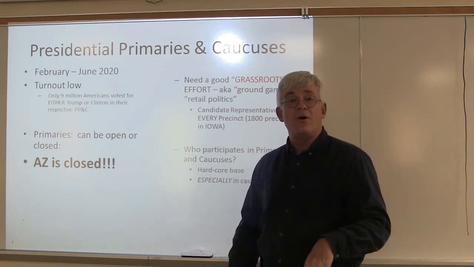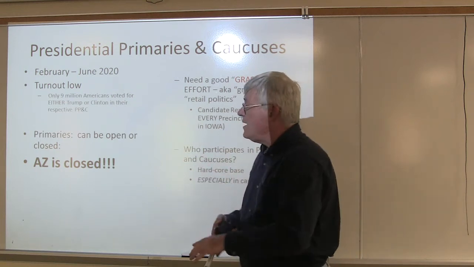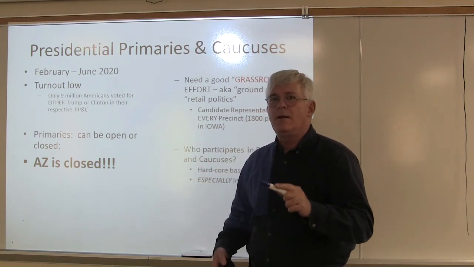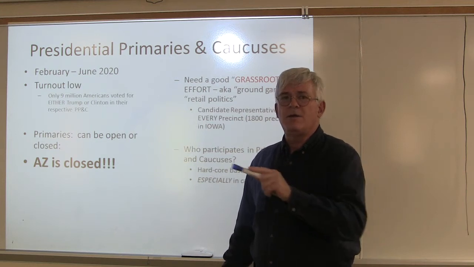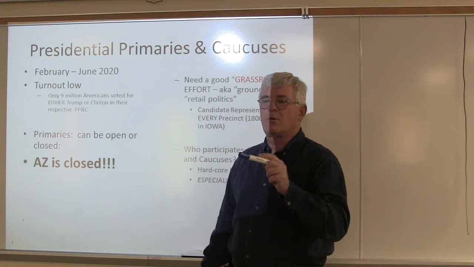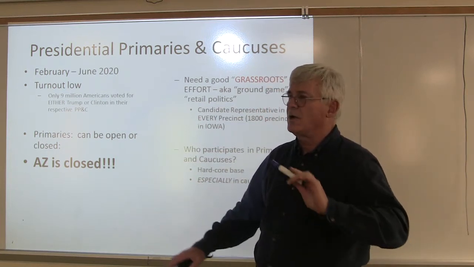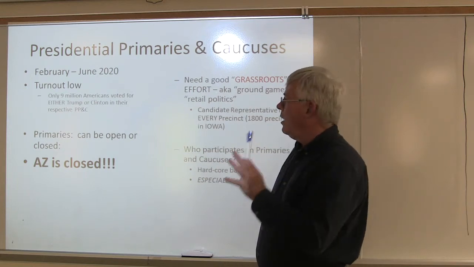Not only can they vote, but they get to pick which ballot to vote. In this one, if you are not a registered Democrat, you cannot vote in the Democratic primary or the Republican primary. If you are not registered as a Democrat or Republican, then you cannot vote. If you are an independent, they're going to tell you to go home.